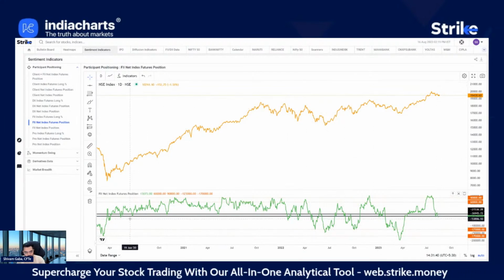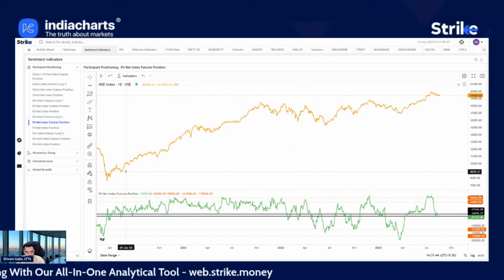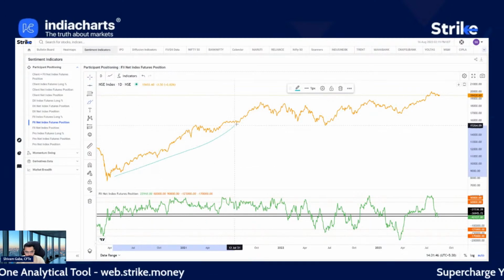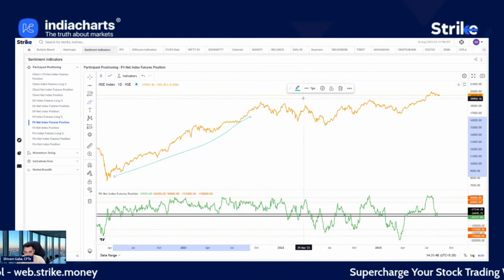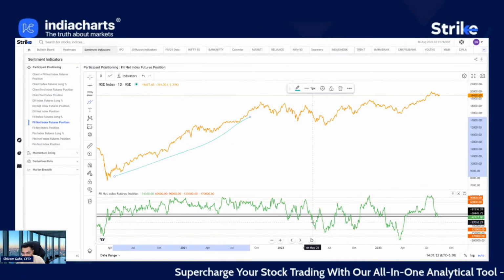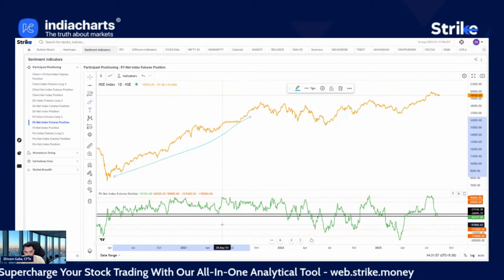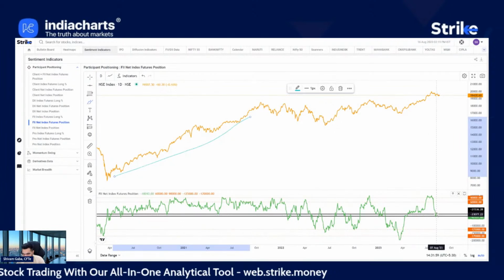As you can see, this is the zone which got respected throughout this bull market phase of Nifty, and only in the sideways phase, this level was breaking down significantly, and the FIIs were building even more short positions. So this is a very significant zone right now where we are.